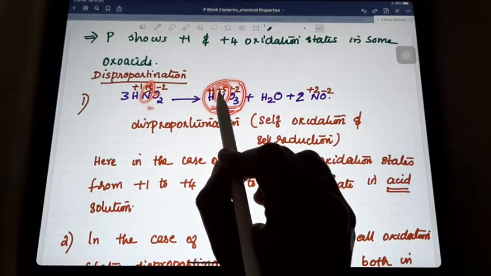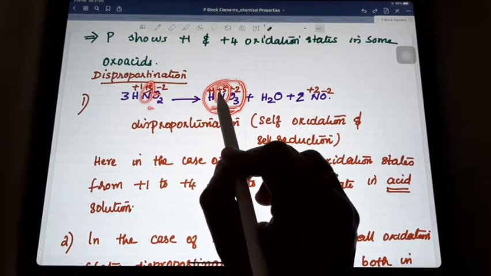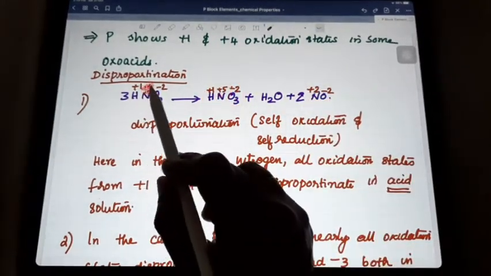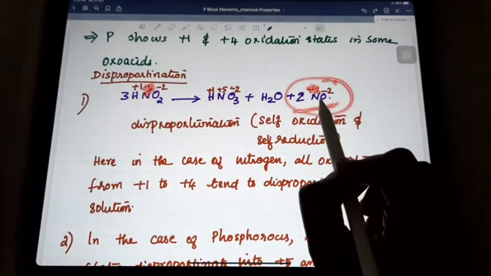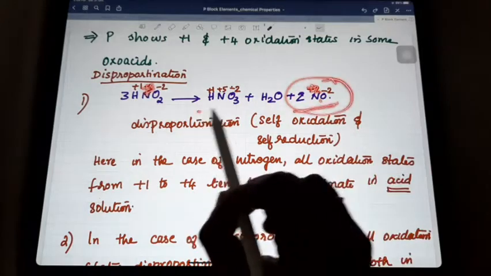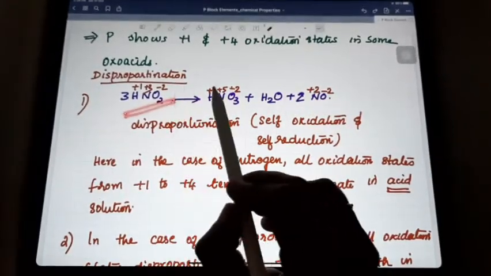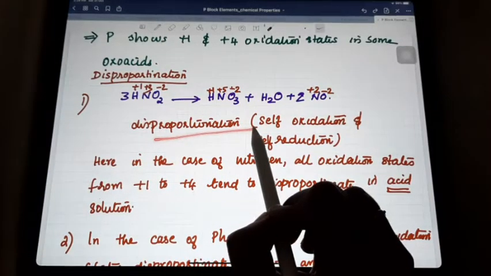You studied that an increasing oxidation state is oxidation, and a decrease in the oxidation state is reduction. In the next case, the nitrogen's +3 oxidation state changes to +2, so this is the reduction part. So self-oxidation and self-reduction occur in HNO2. That's why it is said to undergo disproportionation in acid medium.